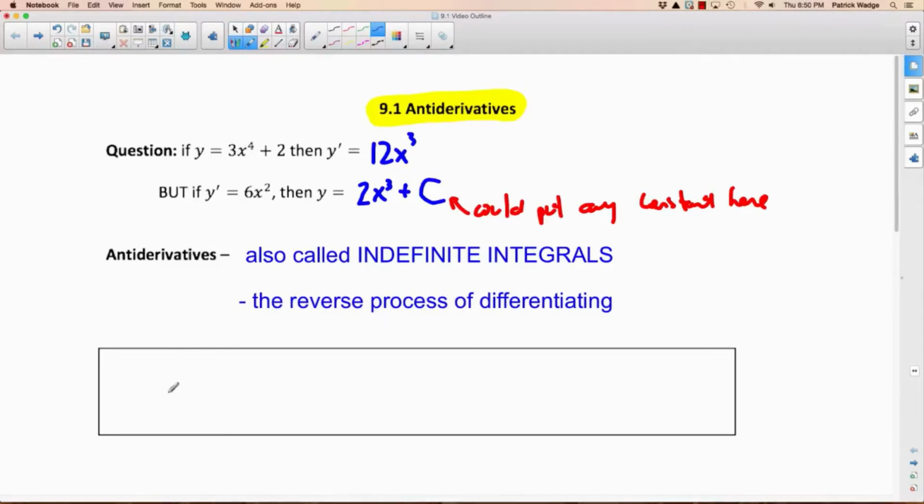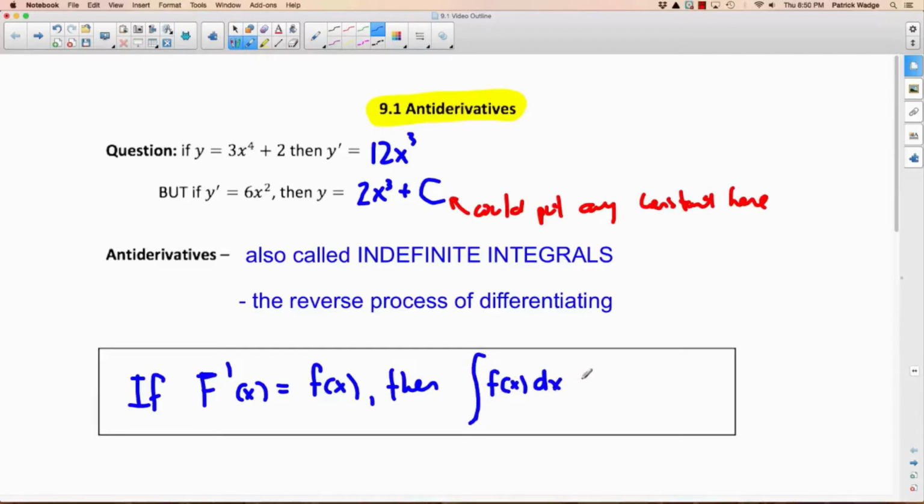But mathematically what that looks like is, if the derivative of capital F equals little f of x, then, now here's a new symbol, the integral of f of x dx equals F of x plus C. Whoa, what's going on here?